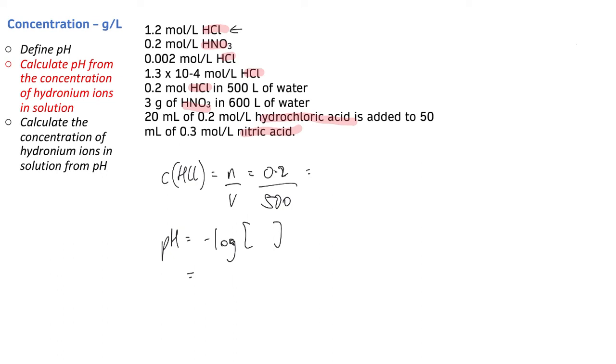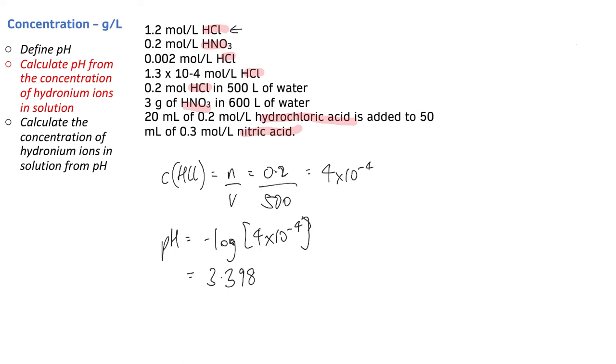That's why I should always read the question carefully. 0.2 divided by 500, so this is now 4 times 10 to the negative 4. So negative log 4 times 10 to the negative 4. Or if you're clever, you can use the answer button in your calculator. Negative log answer, and you get 3.398.